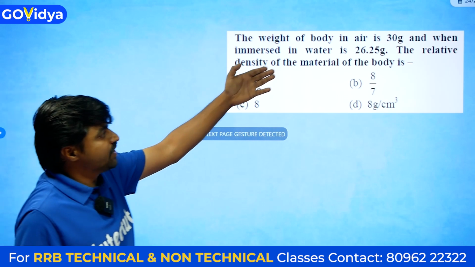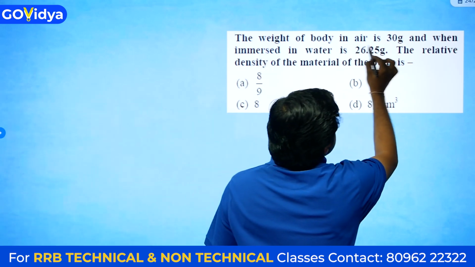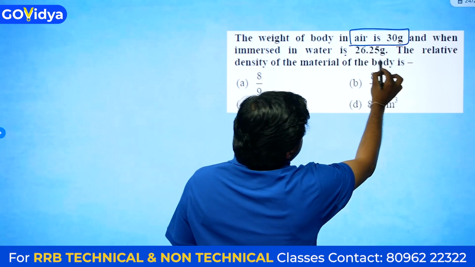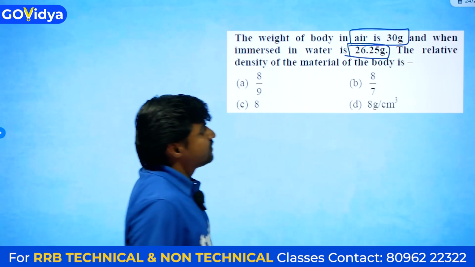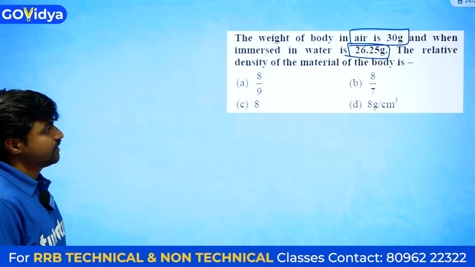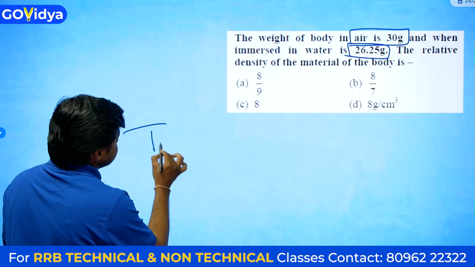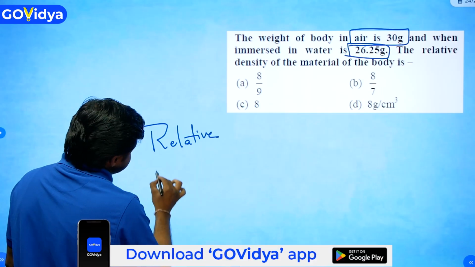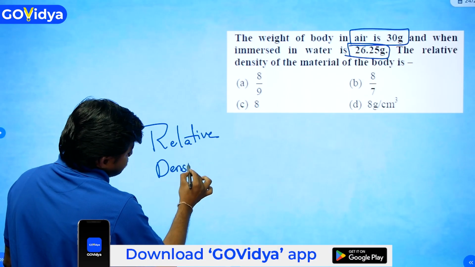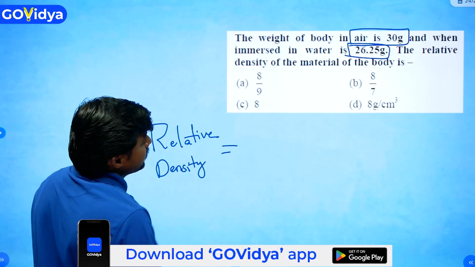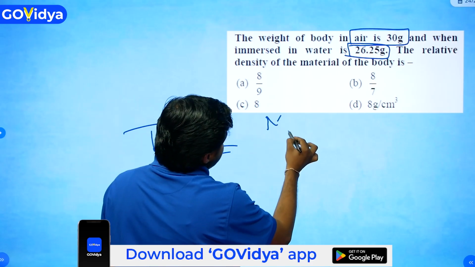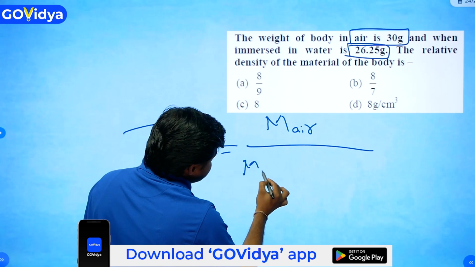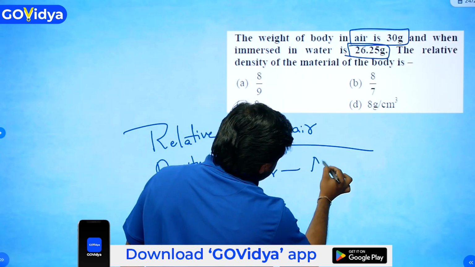The weight of the body in air is 30 grams. When it is immersed in water, it is 26.25 grams. The relative density of the material: relative density is equal to mass of the object in air by mass of the object in air minus mass of the object in water.